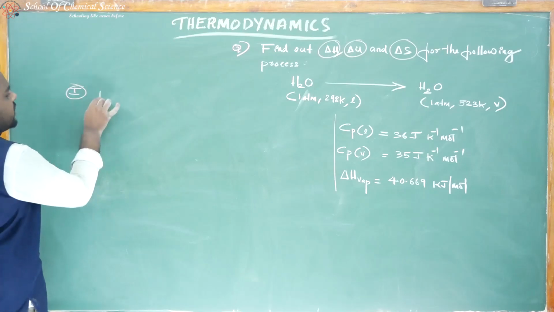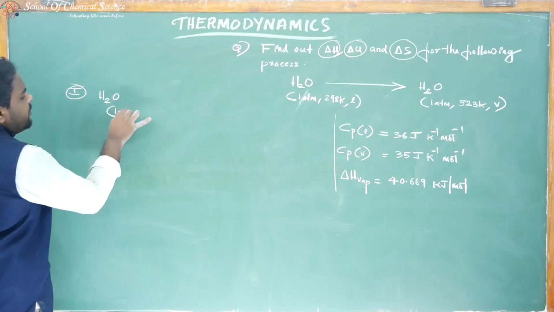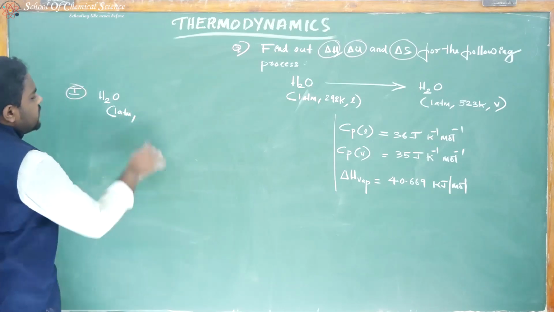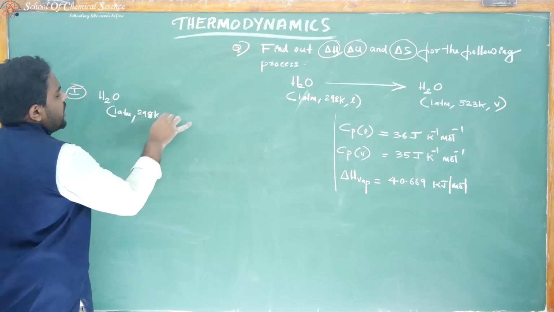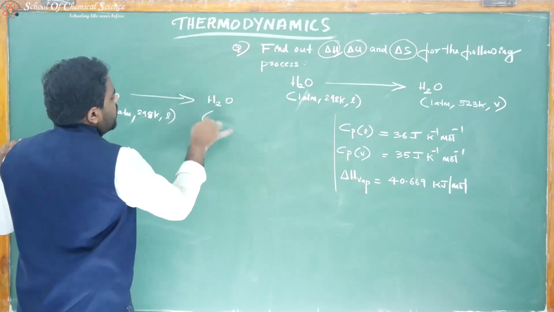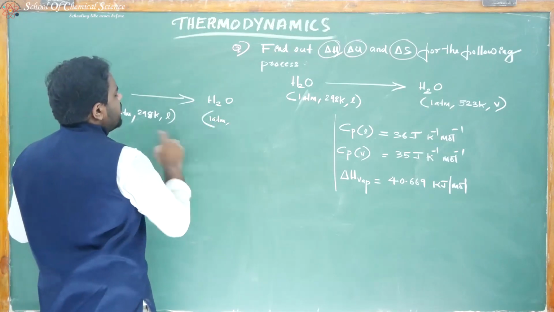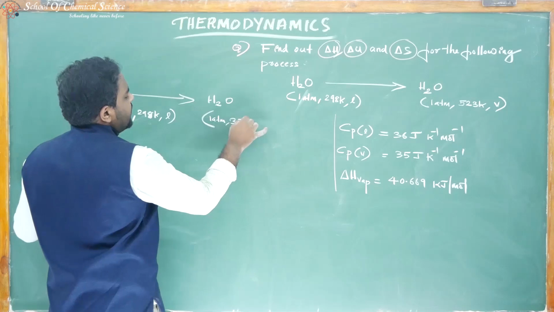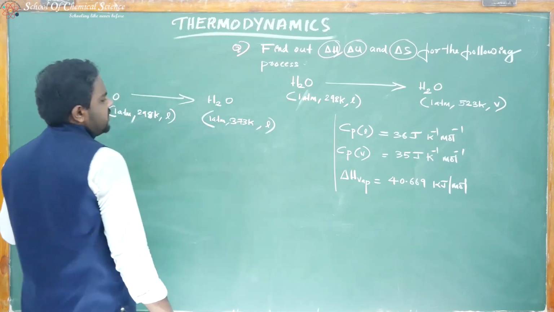Listen, your H2O at 180 m and 298 Kelvin in liquid state is converted into H2O at the boiling temperature, 373 Kelvin, in liquid state.